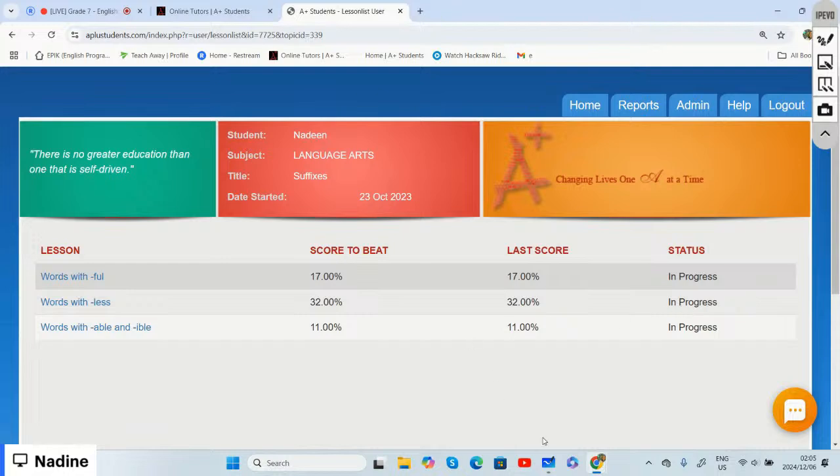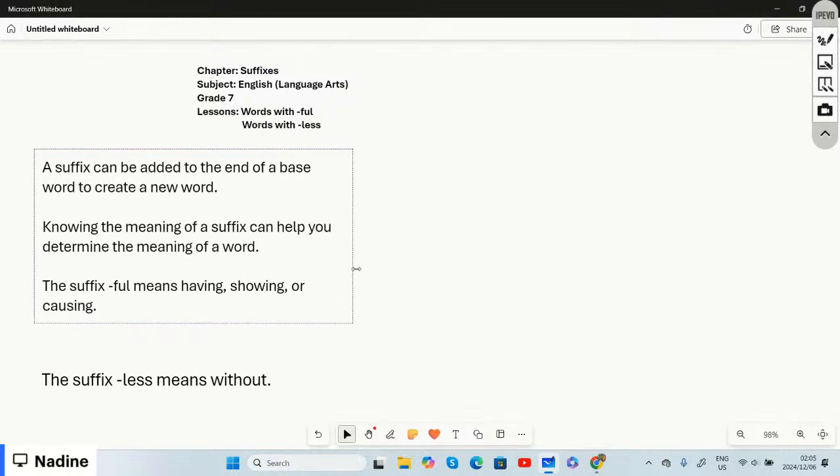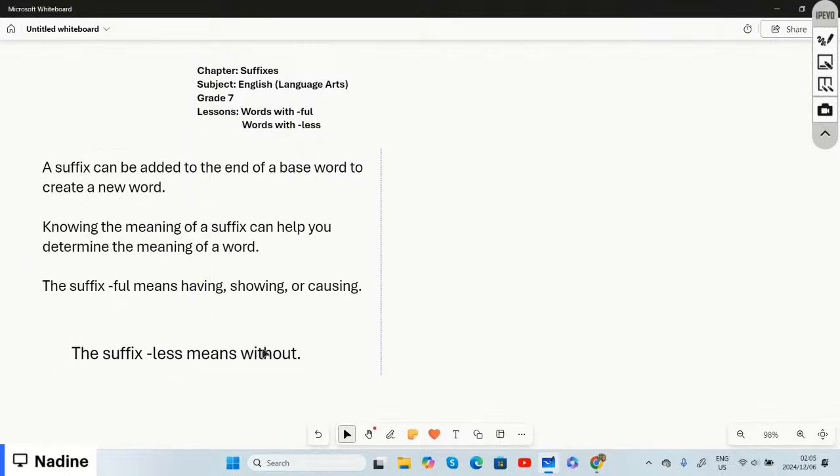All right, so our chapter is suffixes. Our subject is English Language Arts. We're doing grade 7.